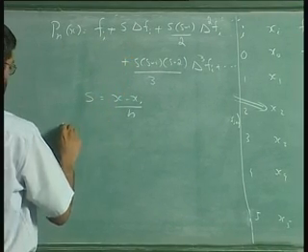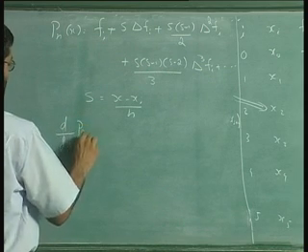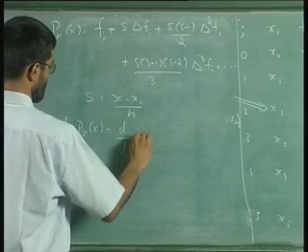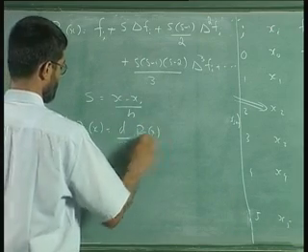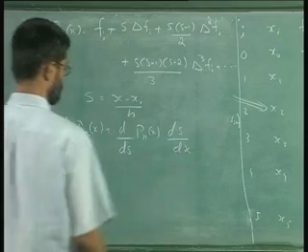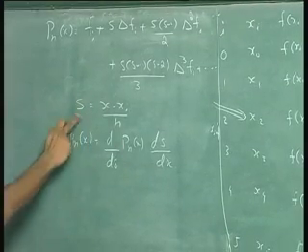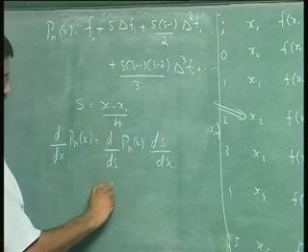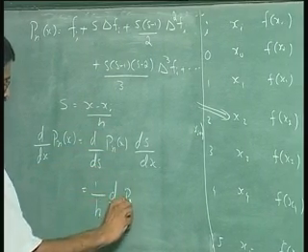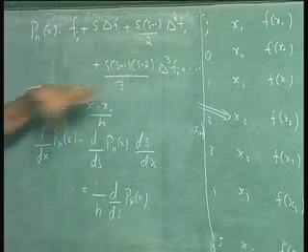So d by dx of Pn of x is d by ds of Pn of x into ds by dx. Then ds by dx is just 1 over h. So it becomes 1 over h into d by ds of Pn of x, and we know what Pn of x is. We can take the derivative of that.